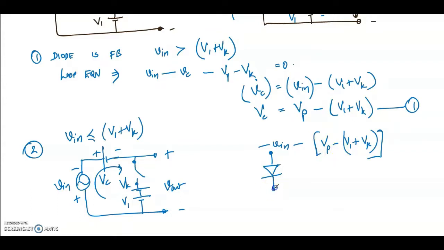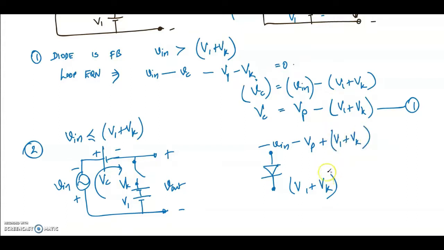What is the voltage at N? It is V1 plus Vk. Let me rewrite this: Vn minus Vp plus V1 plus Vk. Now if I assume that this point is A and this point is B, the voltage at this point is Va and the voltage at this point is Vb.